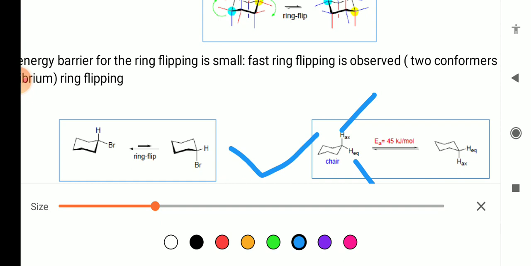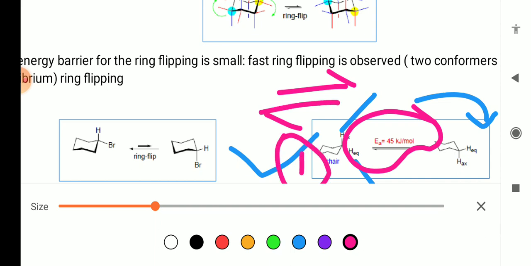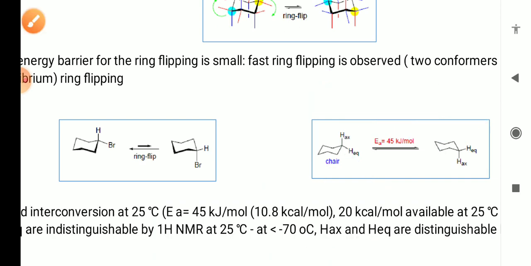These molecules are interconverted into this type of molecules. They require 45 kilojoule per mole, and these reactions are reversible. If the first changes to the second, it requires 45, and if the second changes to the first, it also requires the 45 kilojoule per mole of energy.